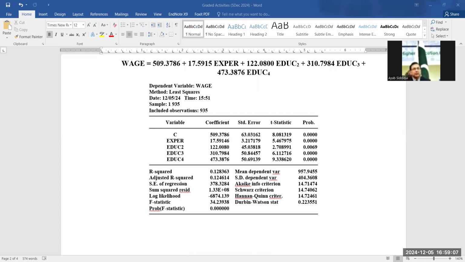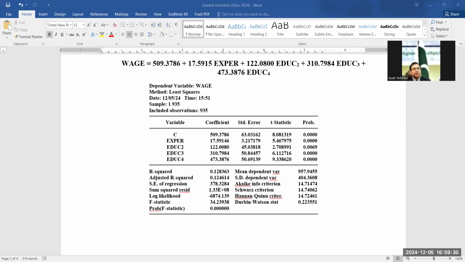Now coming to experience, the EXPER coefficient is 17.59, again with a probability of less than 5%, highly significant. So each additional year of work experience increases the wages of the employees, whether male or female.